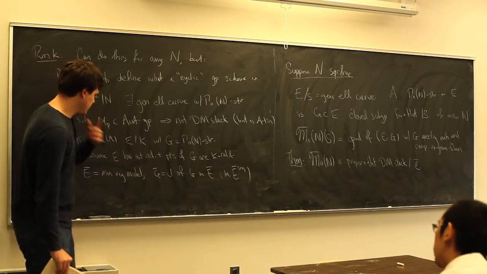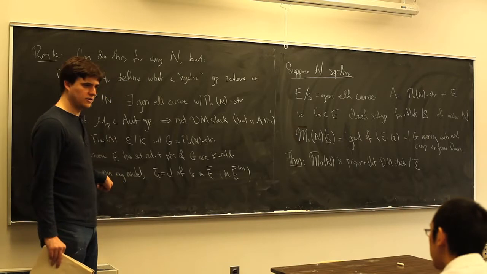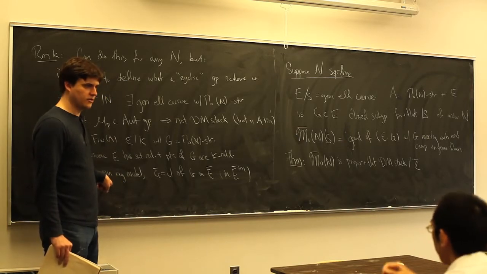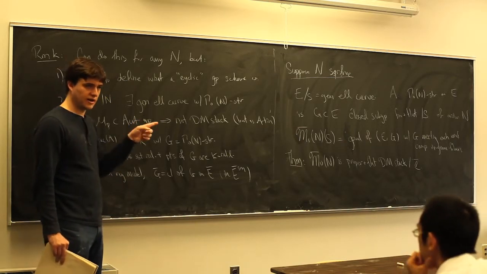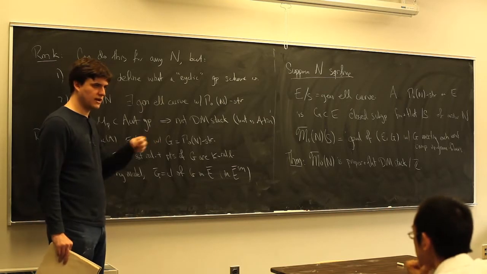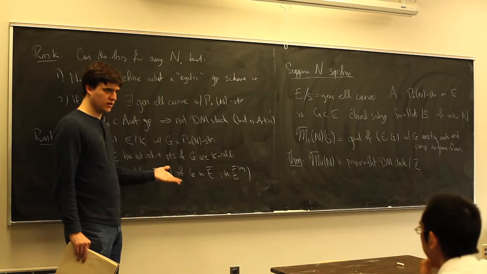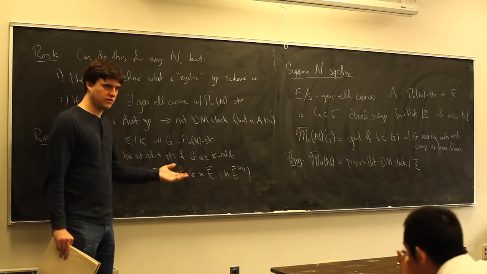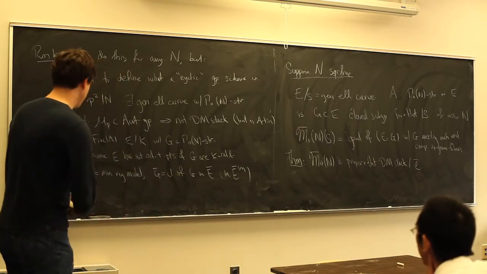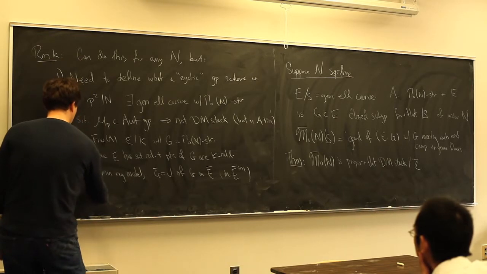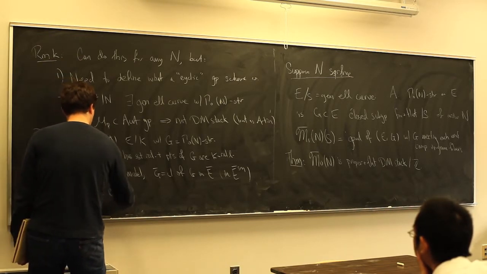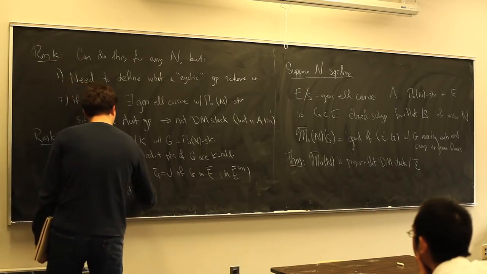The problem is that this G bar, again, may not meet all the irreducible components. And so to solve that, you just do the same kind of contraction construction from before. So you just contract away the components here that don't meet G bar. And then you get something of the right form, and that's how you extend. Let E bar prime be the contraction of components not meeting G bar.